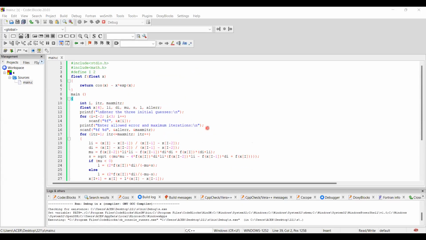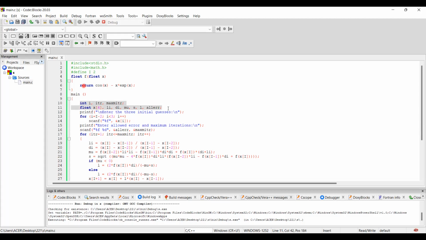So this is the source code for the Muller's method for C programming. These are the preprocessor section, header files. This is inserted before the process of compilation. So float. Also define, and here you're gonna put the equation here to be evaluated.